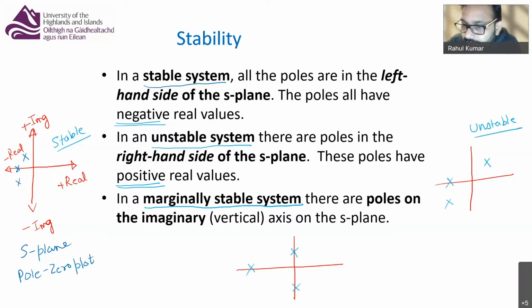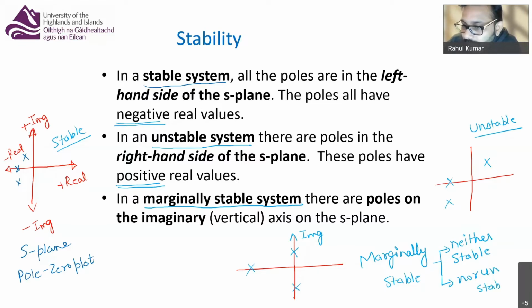And if they are on the imaginary axis, then it is called marginally stable. That means neither stable nor unstable.